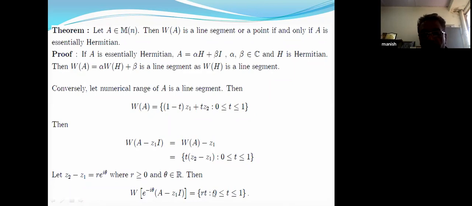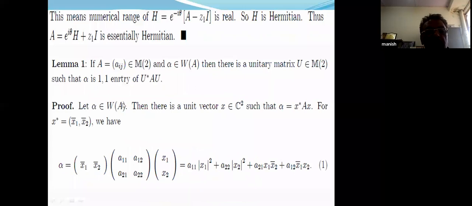So if the numerical range is a real line segment, we have shown that the matrix is Hermitian. This means exponential minus iota theta (A minus z1 I) is a Hermitian matrix. So from this we calculate A is equal to exponential iota theta times a Hermitian matrix plus z1, that is, A is essentially Hermitian.